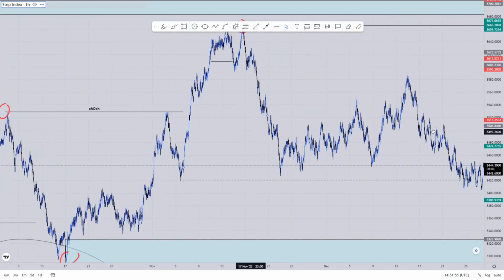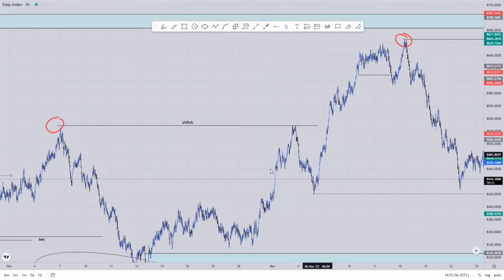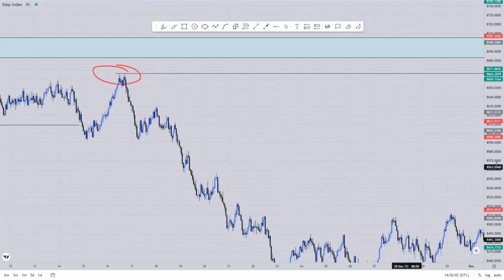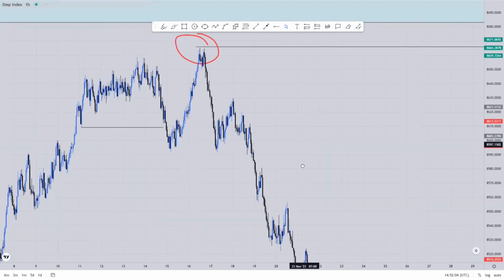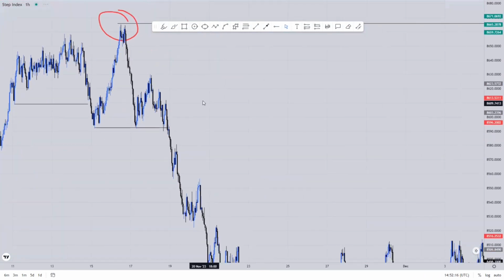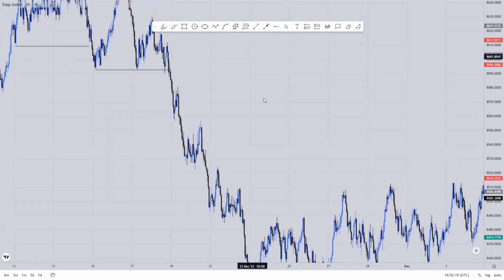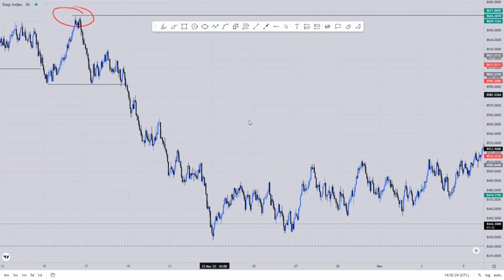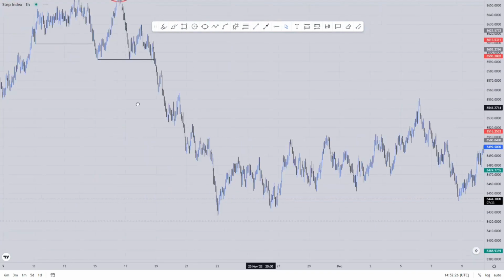So you see that as they were going up, they were going up in form of bullish order flow. Where that bullish order flow was changed, that was a new high. Then they kept on going down. They changed character there, and after they changed character, the market structure kept on going down.